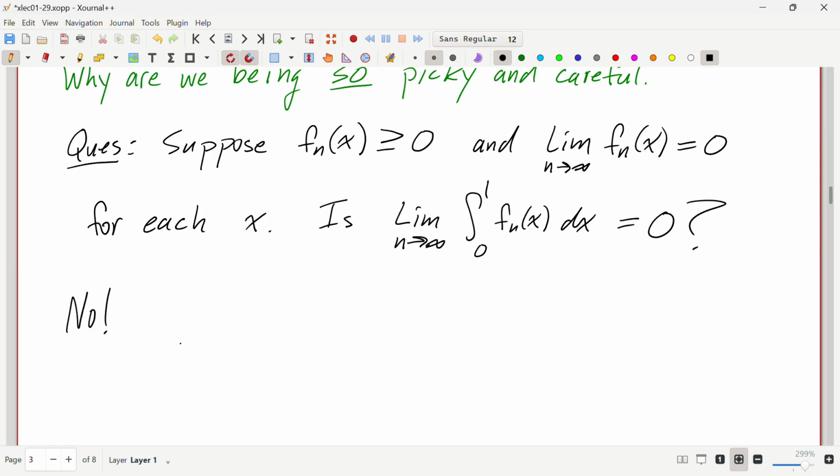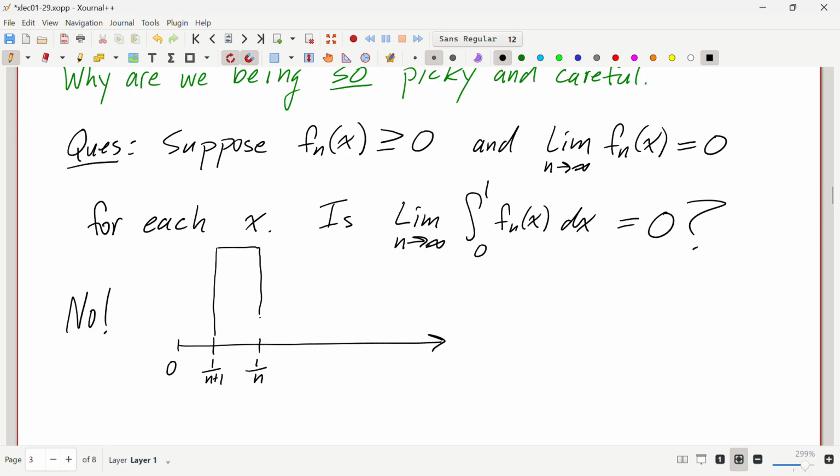Let's see, I'll draw an example. I could make, let's see, I'll make the interval go from 1 over n plus 1 to 1 over n. That's a small interval. Here's 0. And then I'll make this thing gigantic.